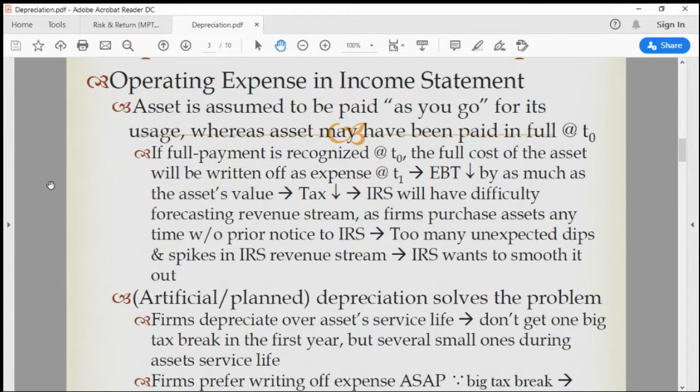Think about it, how would the IRS know that in 2020 the businesses would make such and such capital purchases?